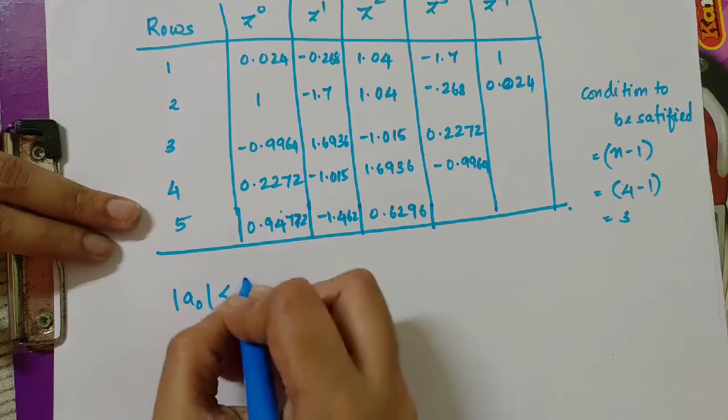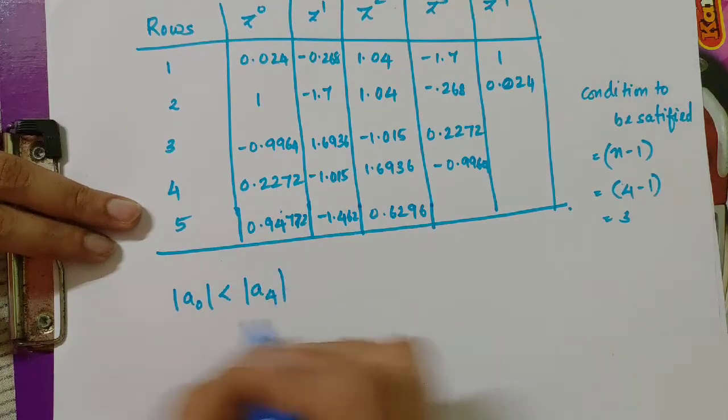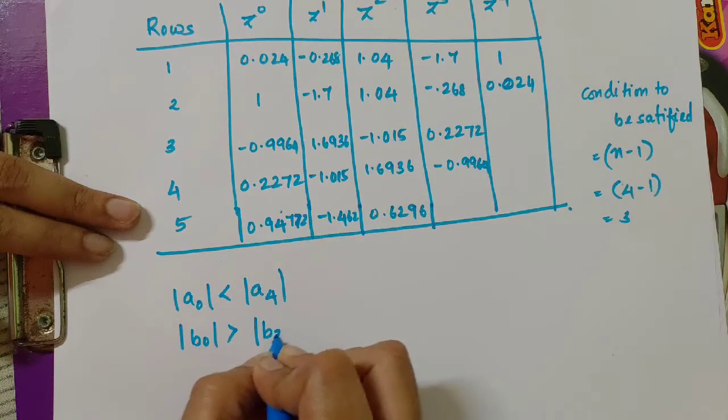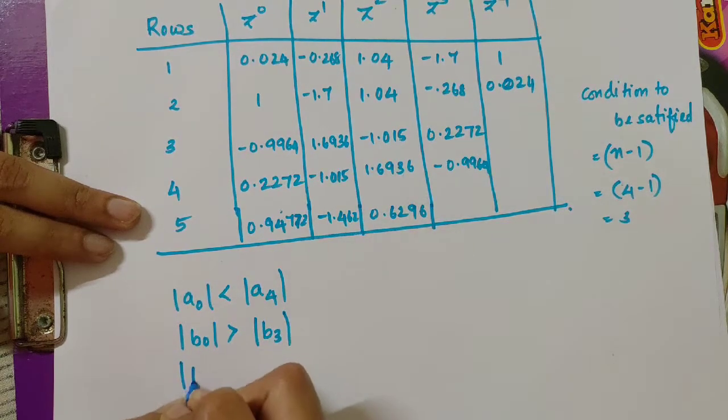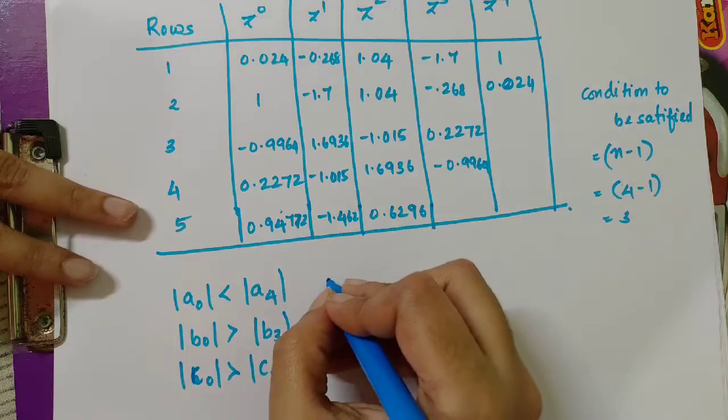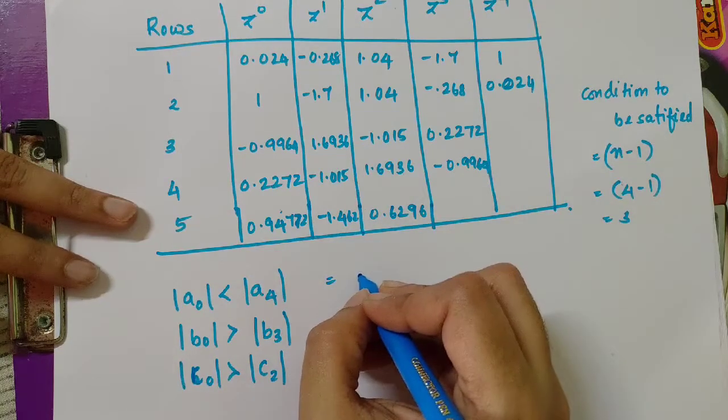Mod A0 should be less than mod A4, mod B0 should be greater than mod B3, and mod C0 should be greater than mod C2. That is 3.